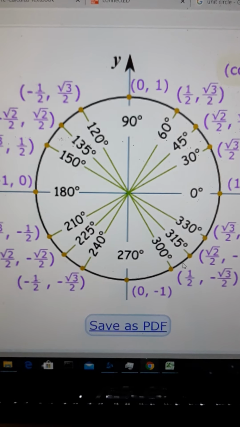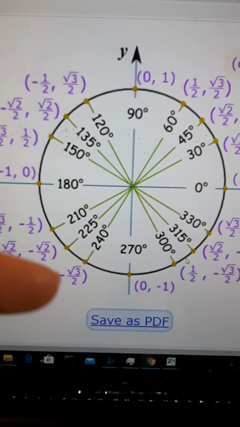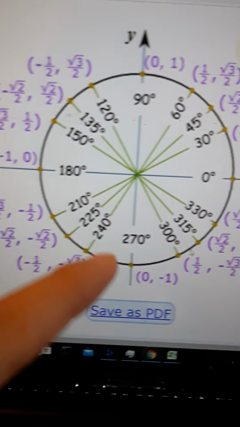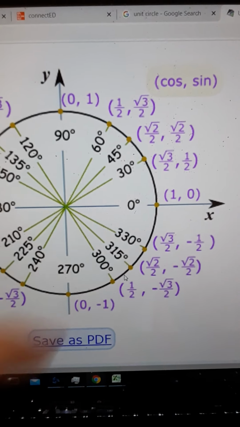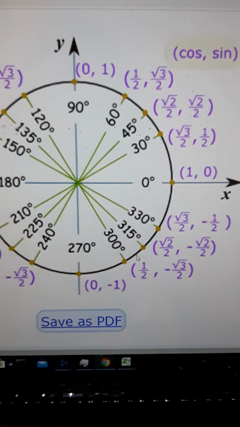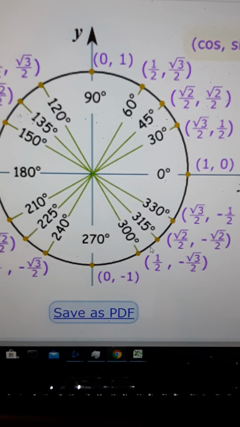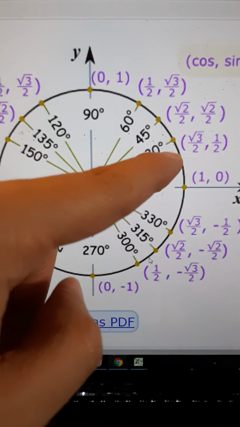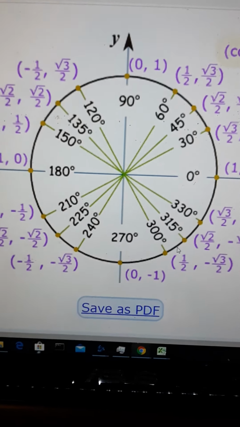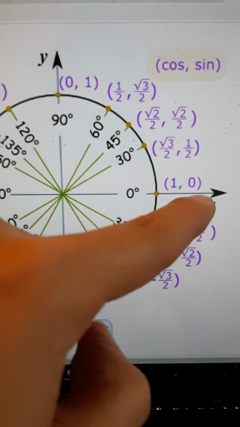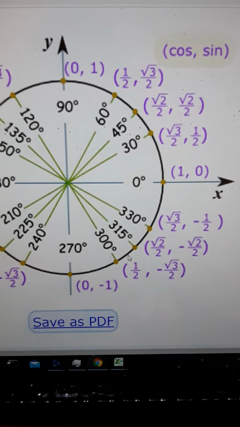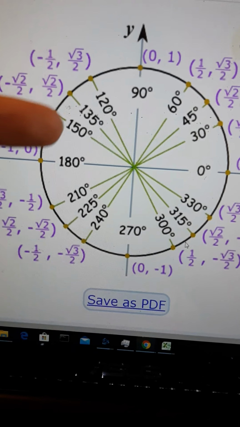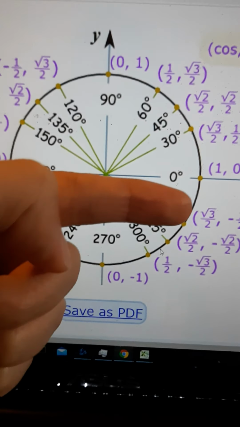But like I said, because we included the negative 1/2, we also include 210 and 330. In other words, the solution for our x would be all the values or the coterminal angles of 30 from 0 all the way up to 360 degrees. All right, so once again, it would be 30, 150, 210, and 330.